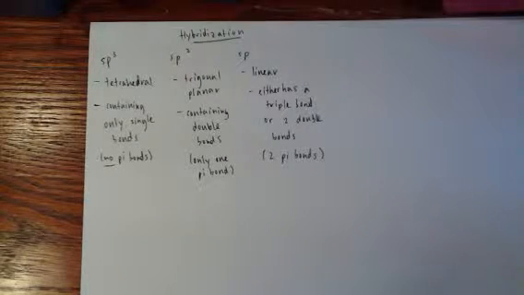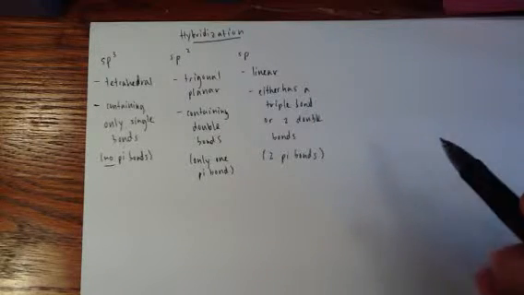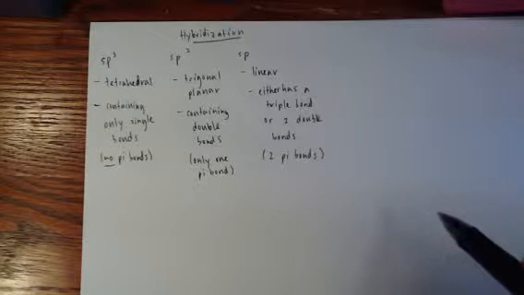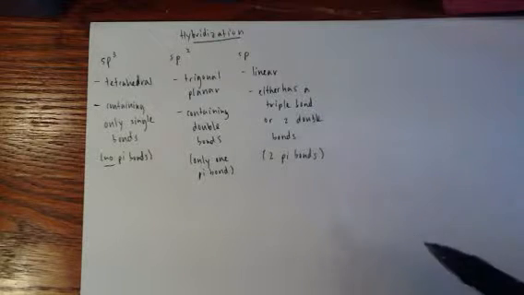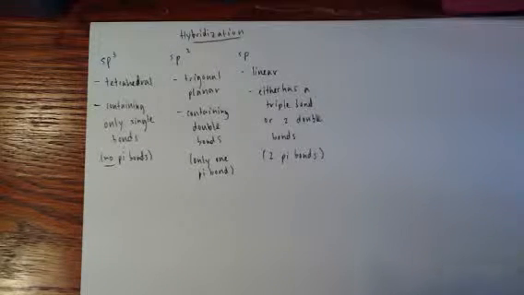I'm not going to explain why it's called sp3, sp2, or sp, because honestly, it's probably not that important in understanding the general idea of what we need to know for possibly the MCAT or something else. So this is a little chart I wrote out for you, and you can pause it, copy it yourself, and analyze it yourself.